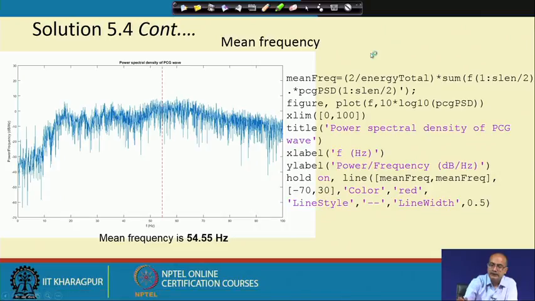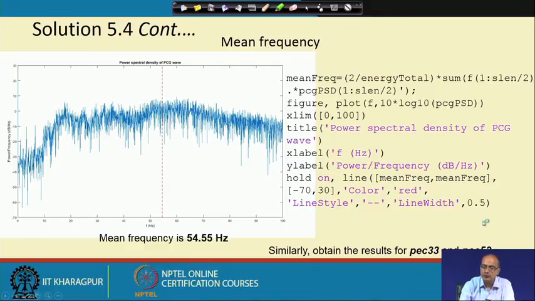Now, let us go for the other signals to appreciate how the spectrum and the mean frequency change, and along with the spectrum how the energy of the spectrum within the band 100 to 300 also will change. Okay.